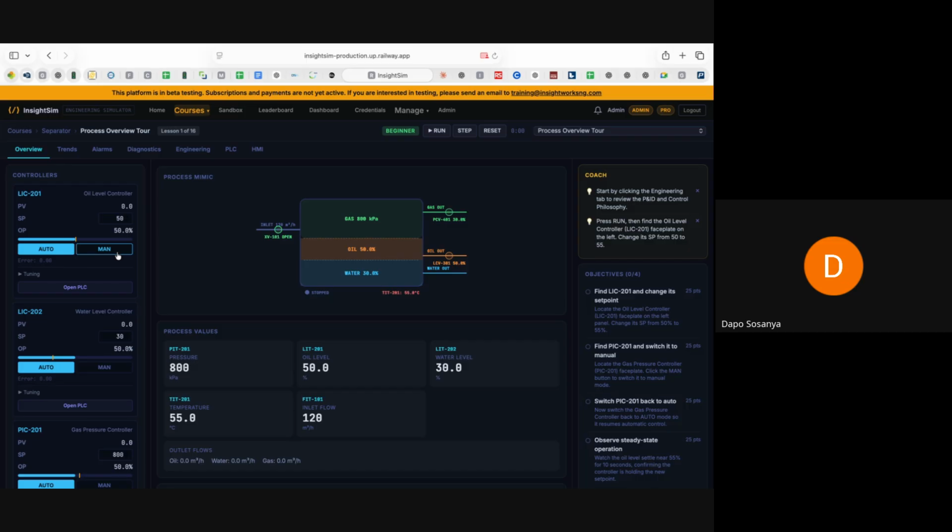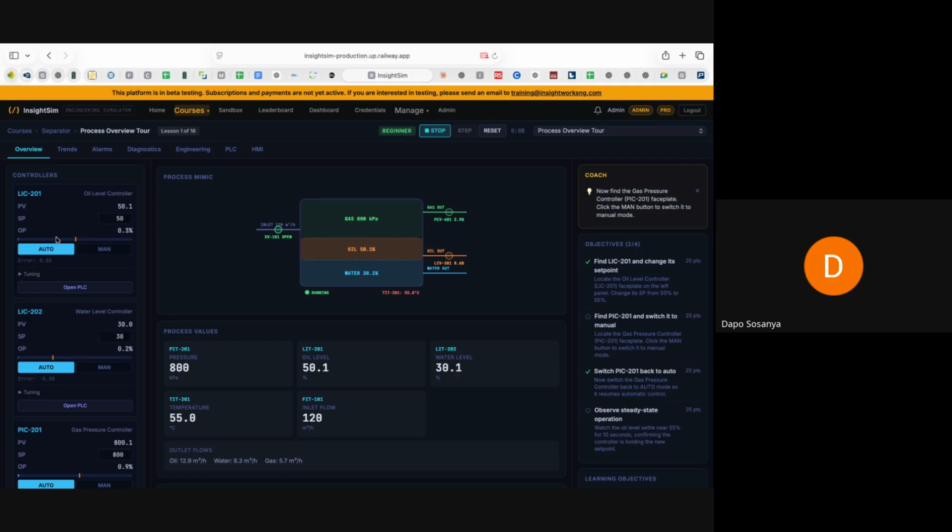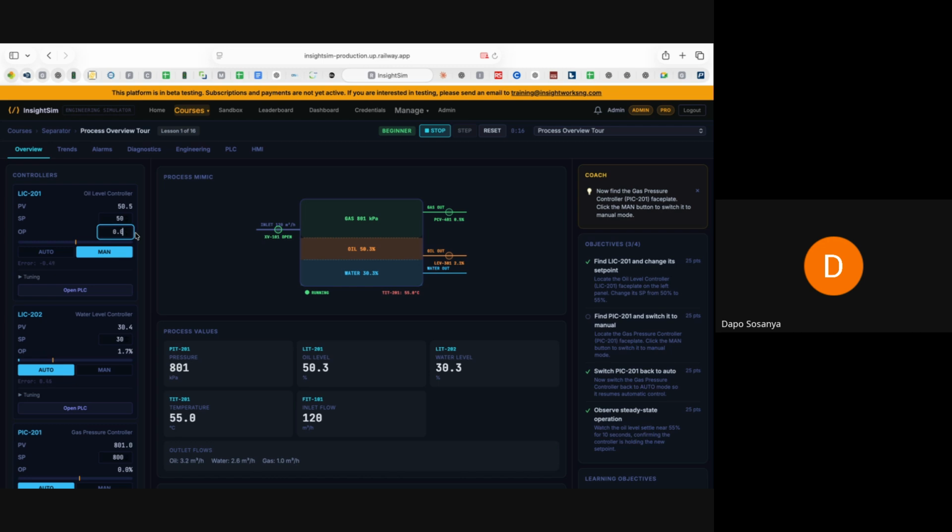When you are in auto, you are using the PV from the process and the set point, right? And you can change from auto to manual, so that you can now manually alter this.